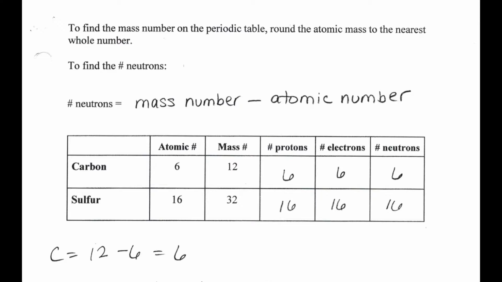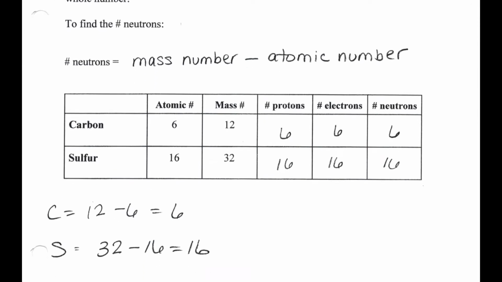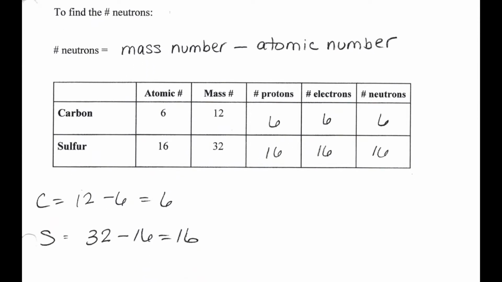Now, you use this to find the number of neutrons in the major isotope. The number of neutrons is the mass number minus the atomic number. So if we look at carbon, it has an atomic number of 6 and a mass number of 12. It's 12.0 something, so the mass number is 12.